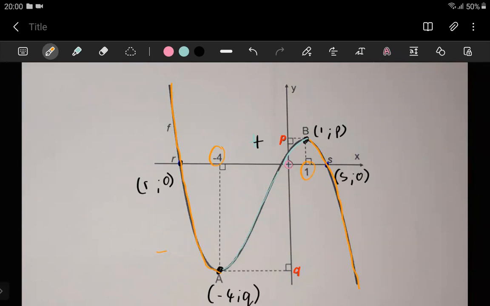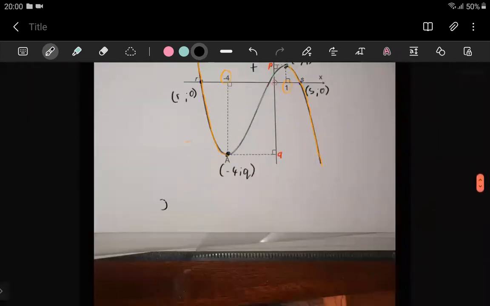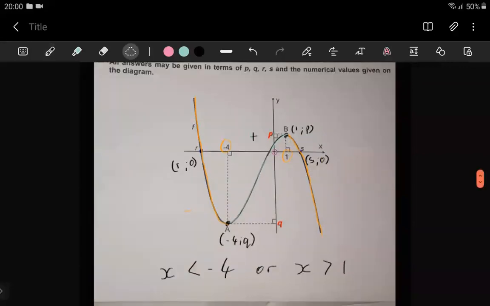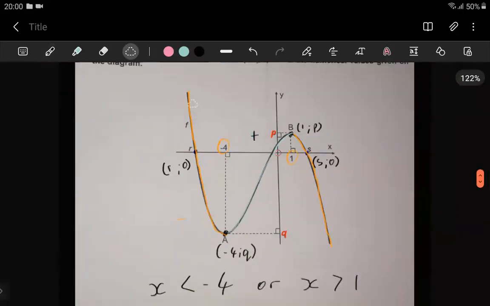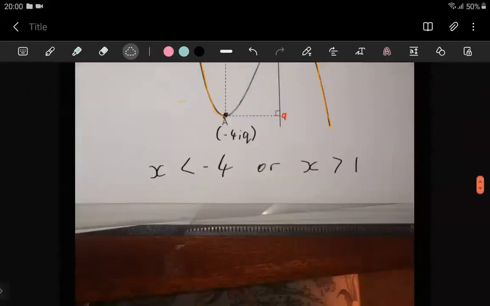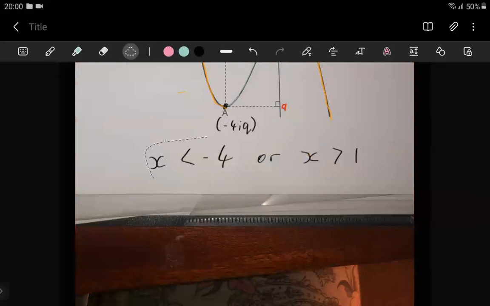So when we give an answer, we're going to say x is below -4, or x is above +1. You see it? All right. Because x values that are bigger than 1, we have negative gradient there. X values that are smaller than -4, we also have negative gradient. I see. Awesome.